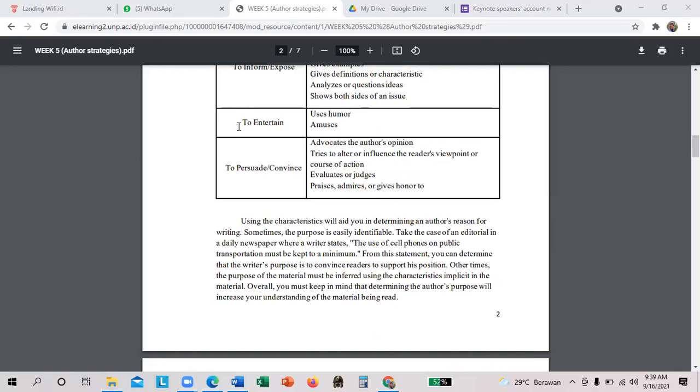To tell a joke, so it means to entertain. To persuade means to advocate the author's opinion, to try to alter or influence someone's view or point, to evaluate or judge, to praise, admire, or give honor to. So this one is to persuade or to convince.